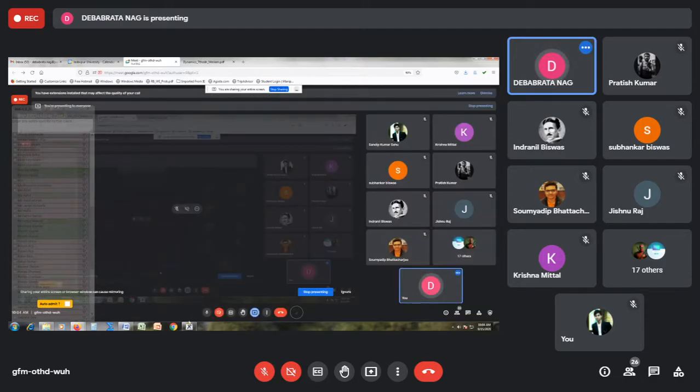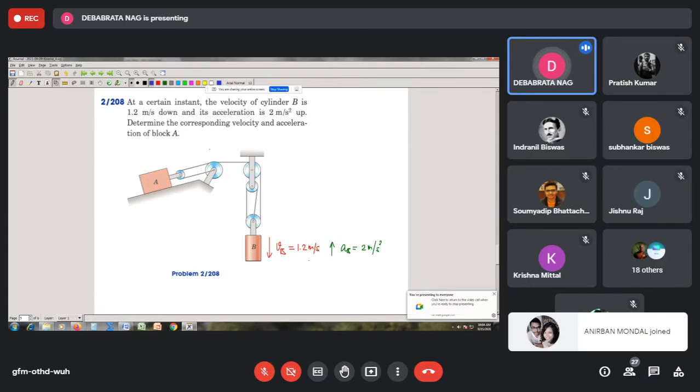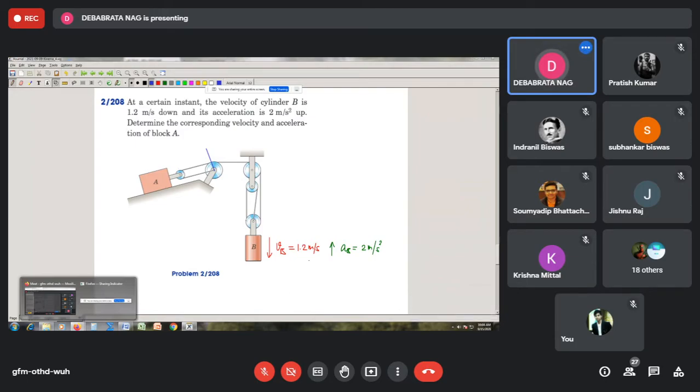First of all, we fix our reference plane. Since this pulley is fixed, I can consider the line drawn through it. We ignore the size of this block, and since this pulley is rigidly connected with this block, whatever is the velocity or acceleration of the block will also be the case with the center of this pulley.